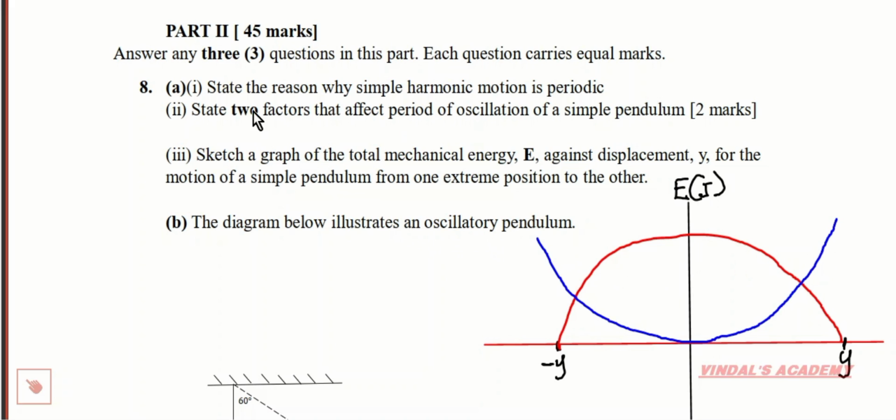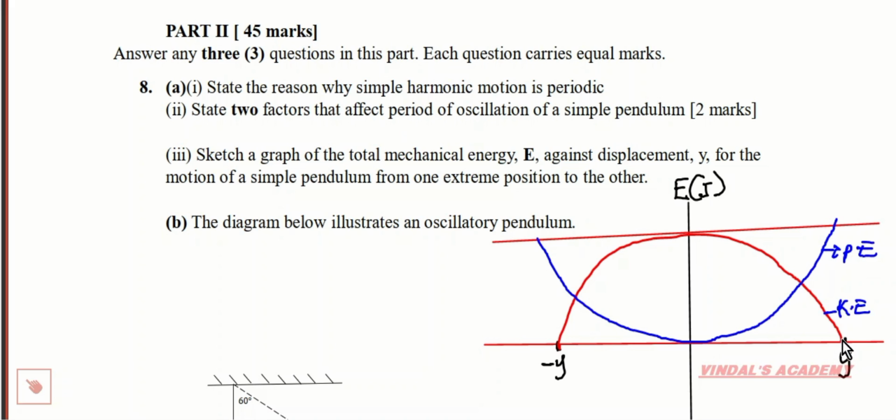Now the question is which one is representing which. This one is representing my kinetic energy and this is representing my potential energy.